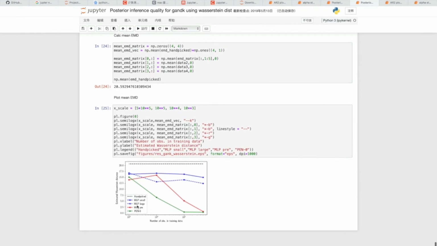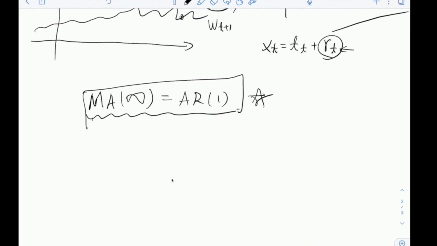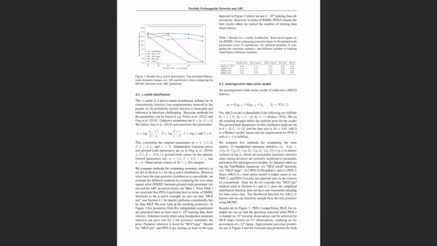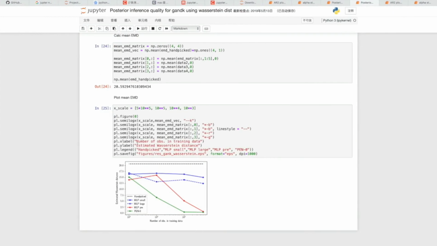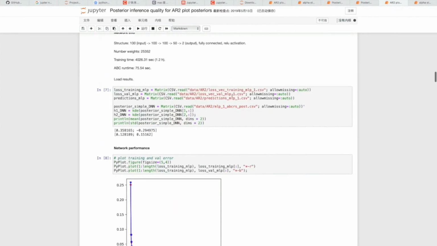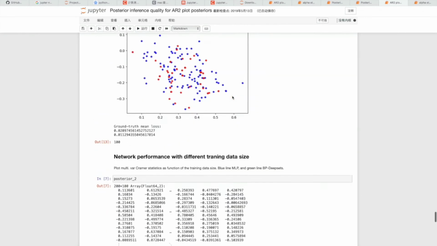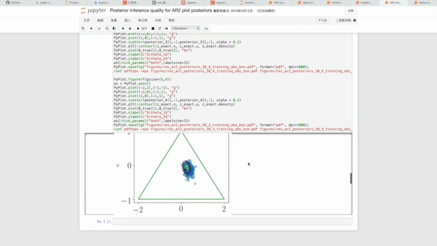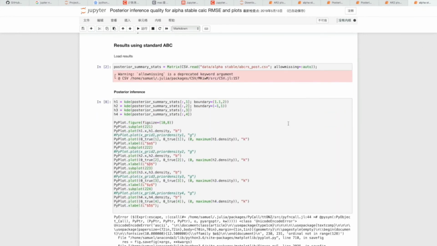Basically, for which graph? This is the graph for finding the G and K distribution. And for the AR2 plot here, we basically find the plot. Finally, they get a similar result to the previous one.